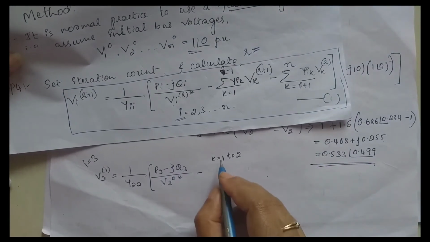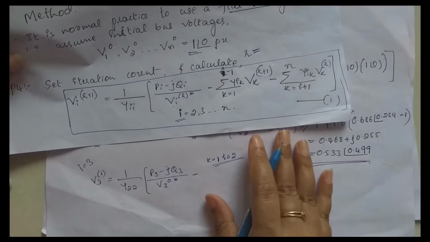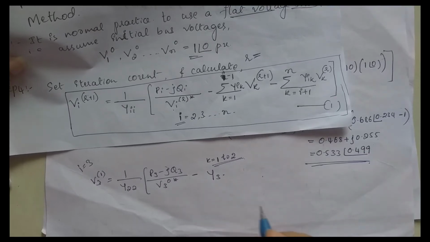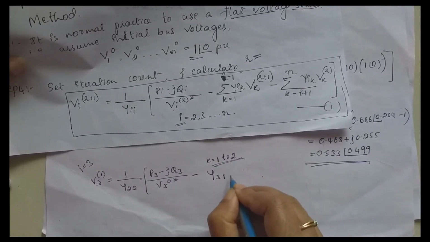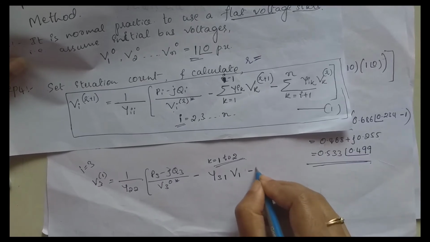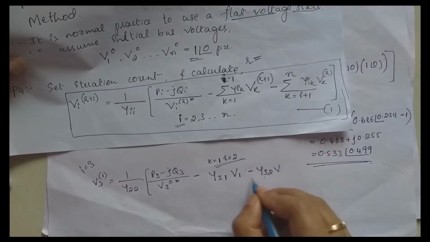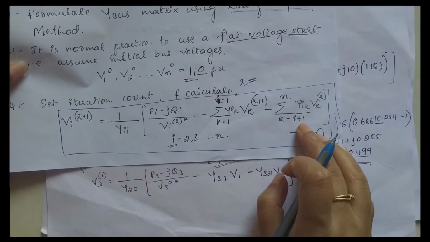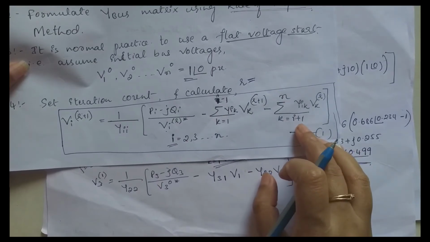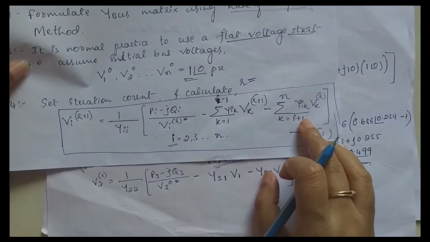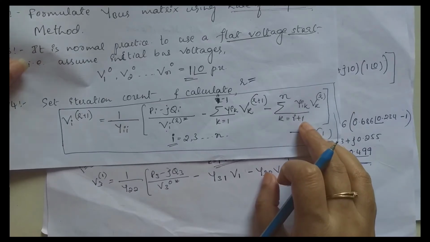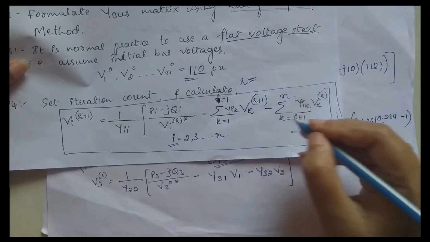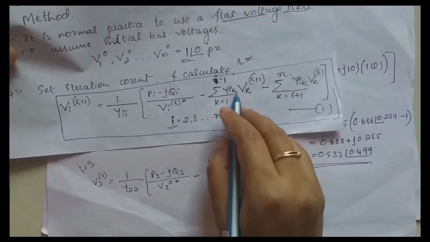So we get two terms here, y31 V1 and y32 V2. The sum with k varying from i plus 1 to n, that is 3 plus 1, which is 4, is not needed, since only 3 buses are there. Just neglect this and only consider the first one.